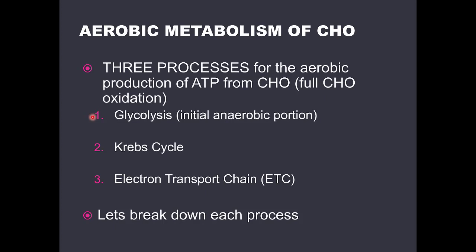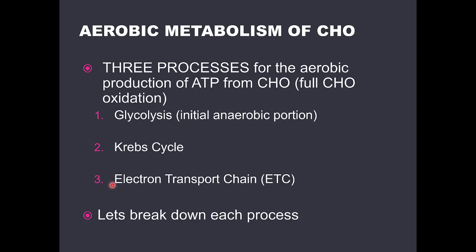During this process, the carbohydrate, more specifically the glucose 6-phosphate, is only partially oxidized and has only provided 2 to 3 ATPs worth of energy. Now, the next 2 steps are the aerobic processes that occur in the mitochondria. This includes the Krebs cycle and the electron transport chain, or ETC for short.